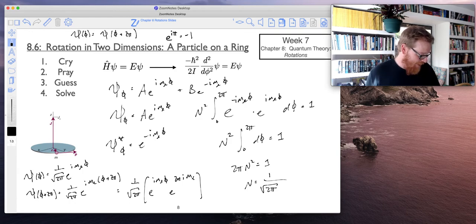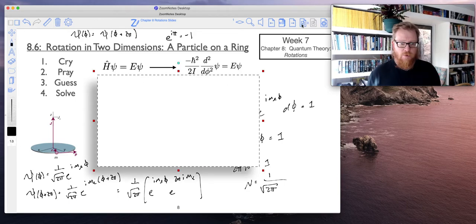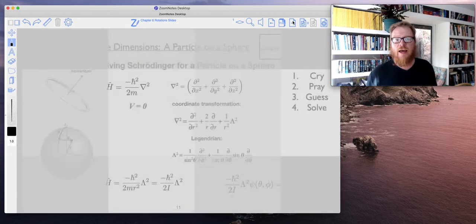And so you can see that I've got an e to the 2 pi i, so I can rewrite that as the following. I wish I left myself more room, so I'm going to add a slide at the end.